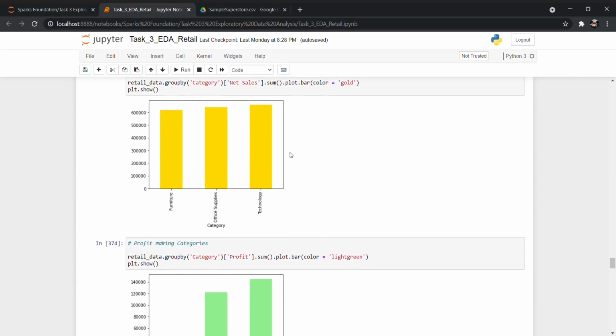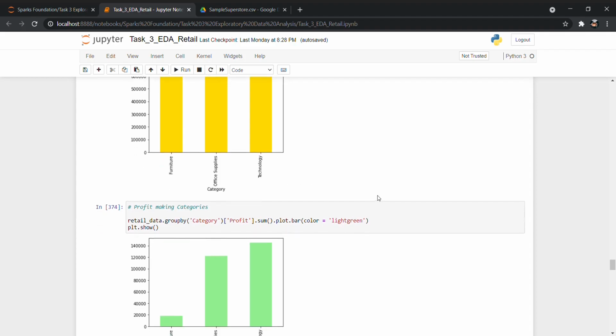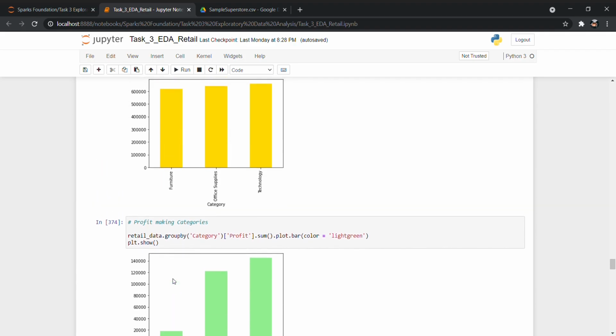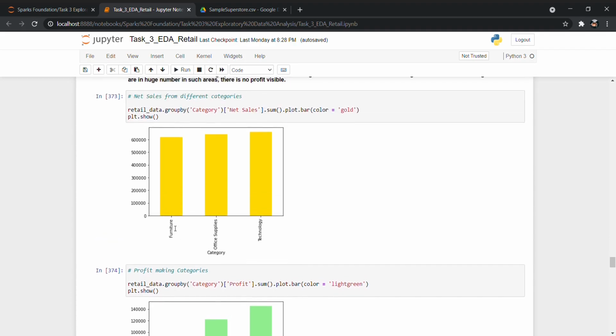Here you can see the net sales in all the three categories are almost the same, whereas there is a huge difference in profits. Here we can see that furniture is not making much profit as compared to its sales.